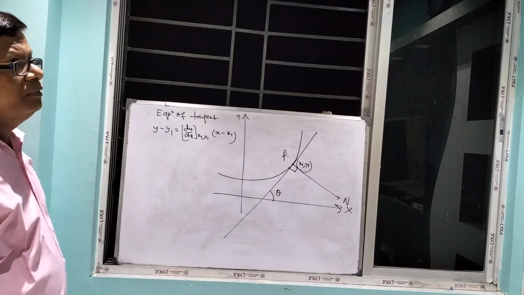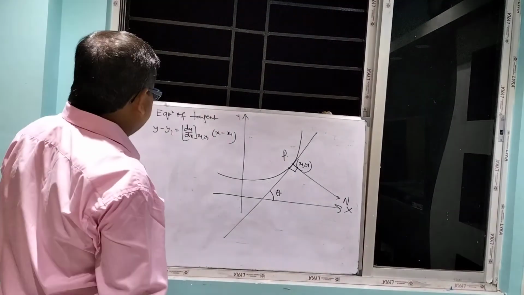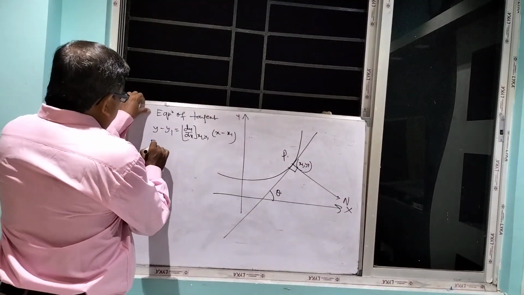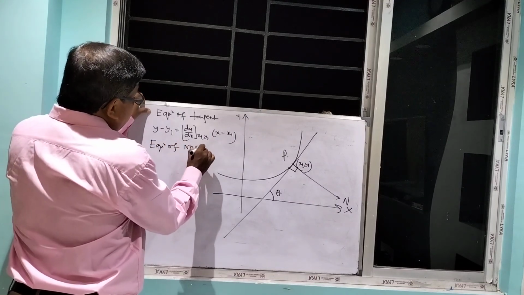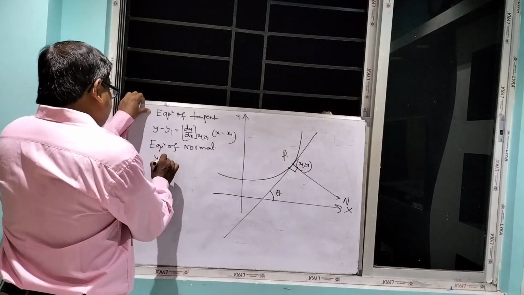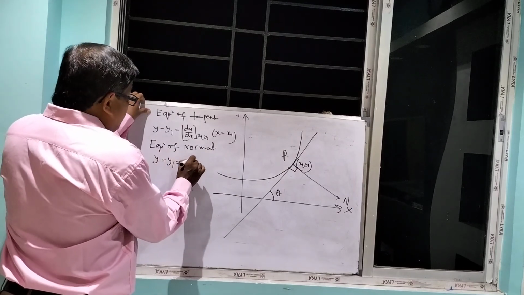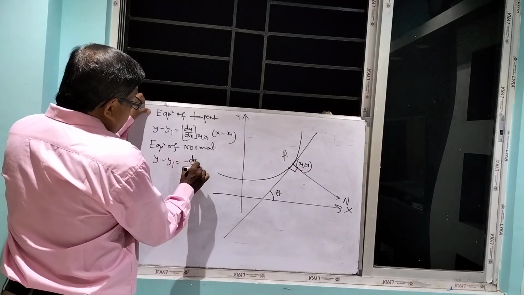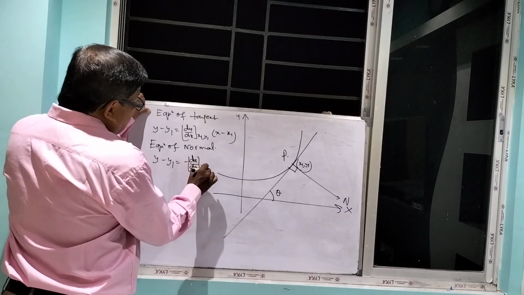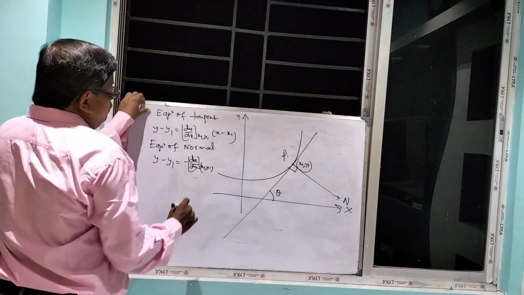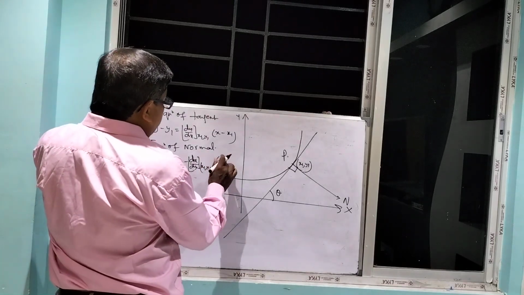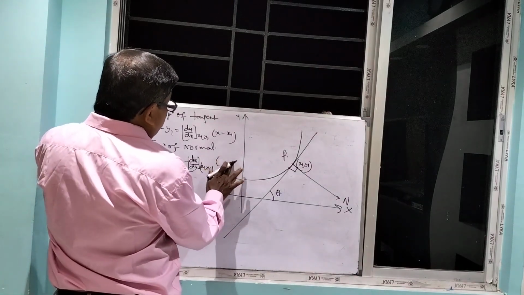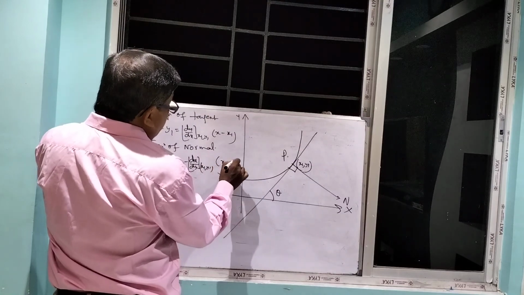And the equation of normal: y minus y1 equals minus dx/dy, or minus 1 by dy/dx, times (x minus x1).